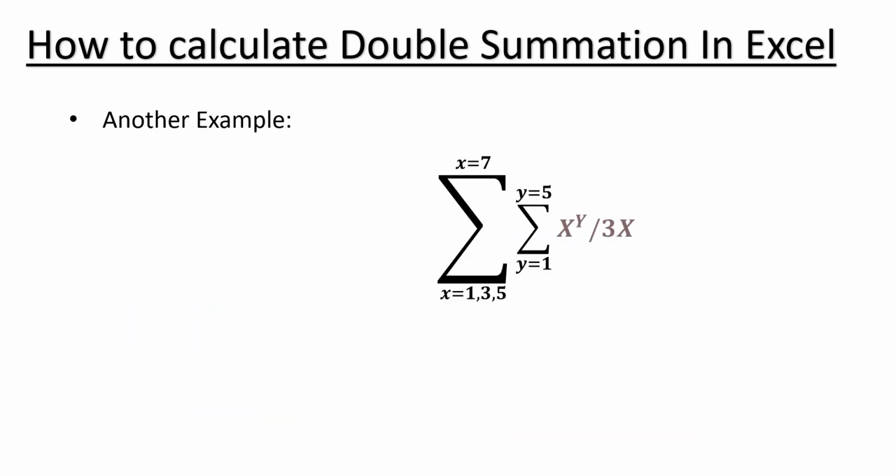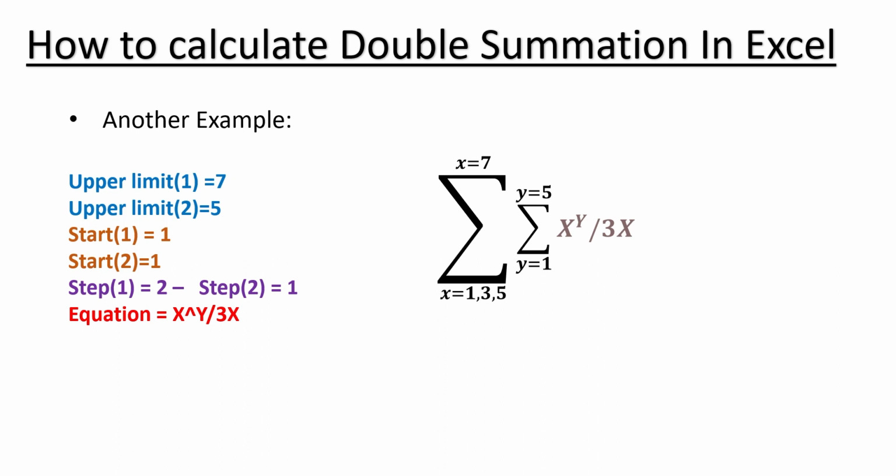Another example, let's see this summation. As we can see here, the upper limit 1, I mean the first summation, is 7. The upper limit for the second summation is 5. The start for the first summation, which is the lowest value for x, is 1, and the start for the second summation, which is the lowest value for y, is 1.